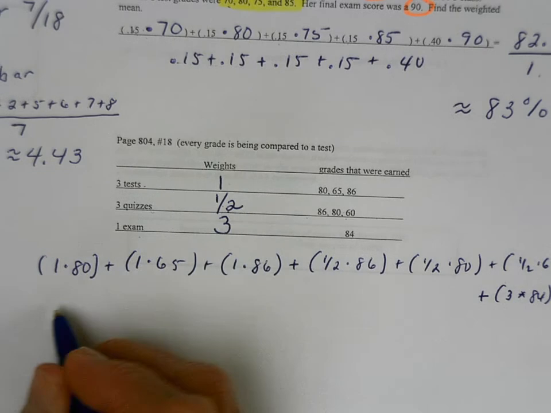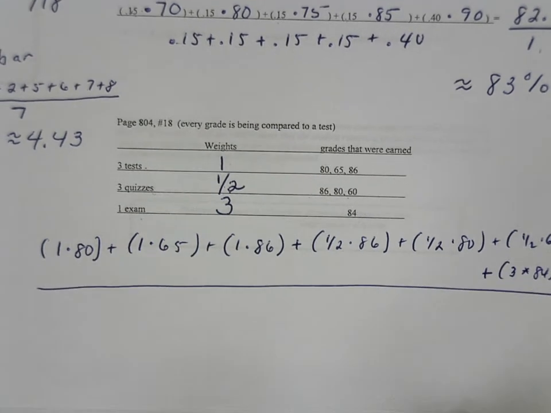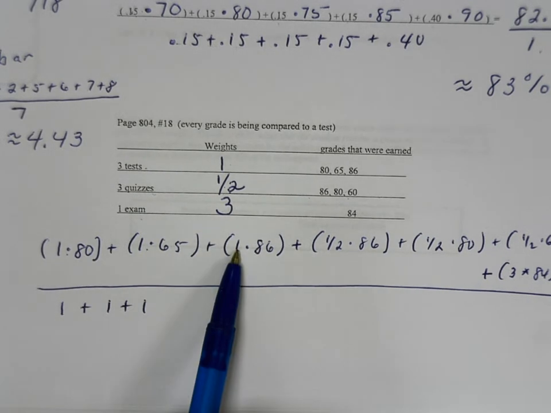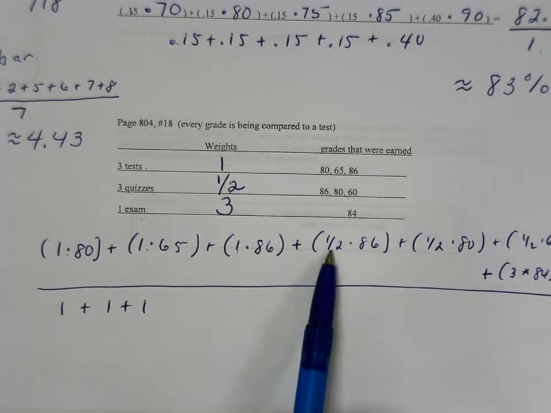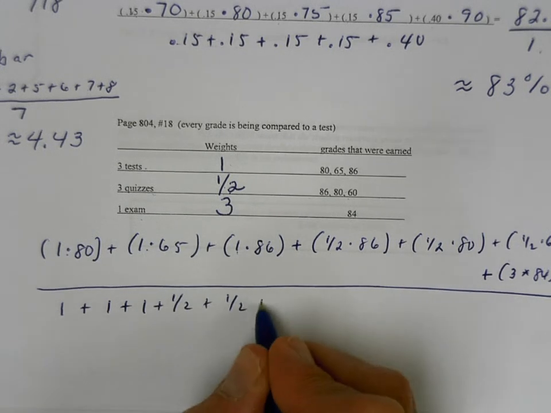All right, now that's all over. Okay, now we have to do all of our weights. So we had 1, 1, and 1. Then we had a half 3 times, so half, half, half, and then a 3 showed up once.